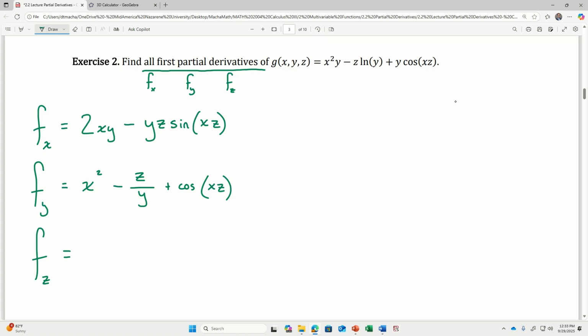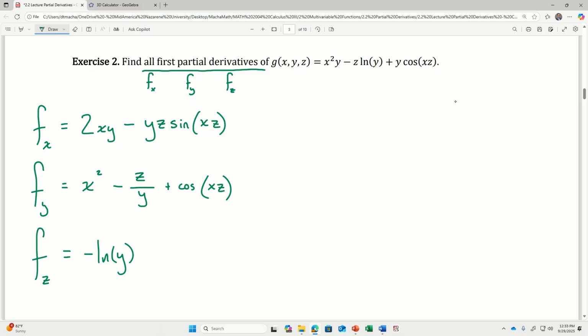Negative natural log of y. What else for that last term? Minus xy sine of xz. There you go.